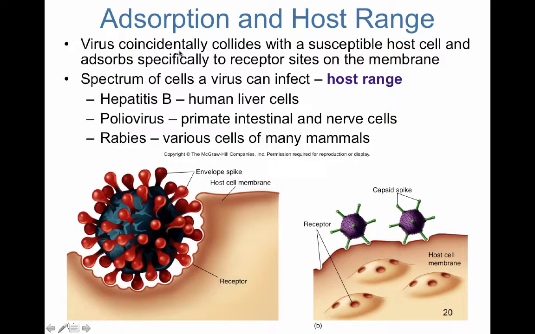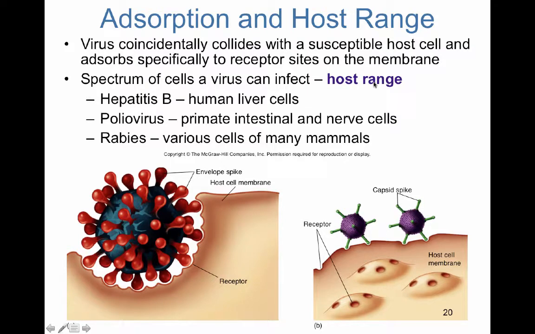Now a little bit about attachment, which is unique for every virus. I mentioned this a couple slides ago, but every virus has a host range. Poxviruses, Poxviridae, the ones that fall within that family, can only infect certain hosts.